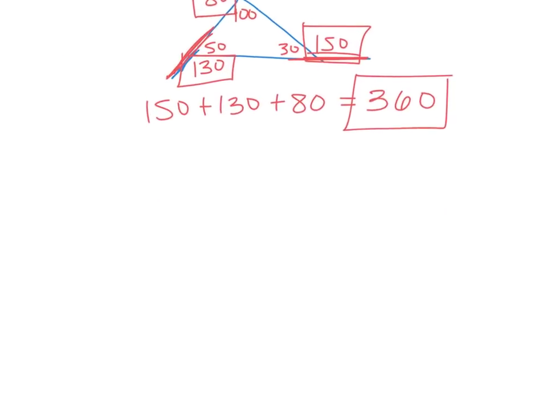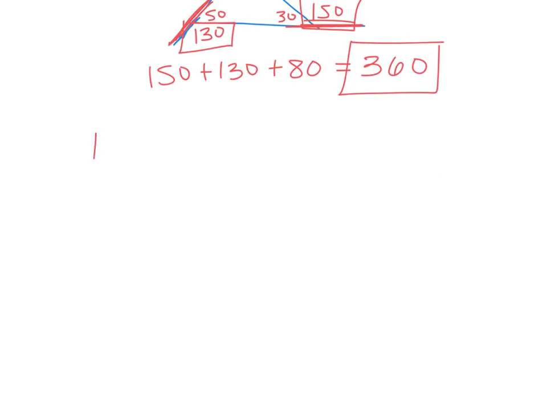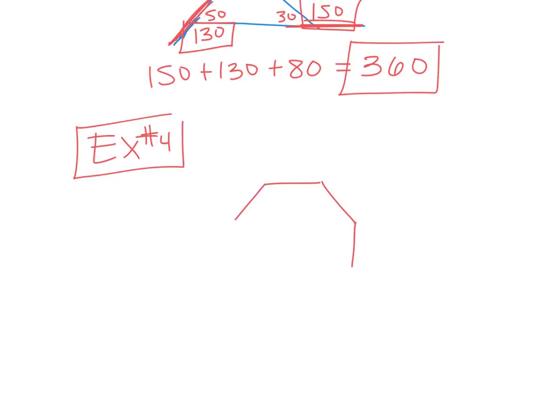So what if I gave you this problem? I'm going to draw you an octagon real quick. And we're going to pretend it's a regular octagon, even though it doesn't look like it.